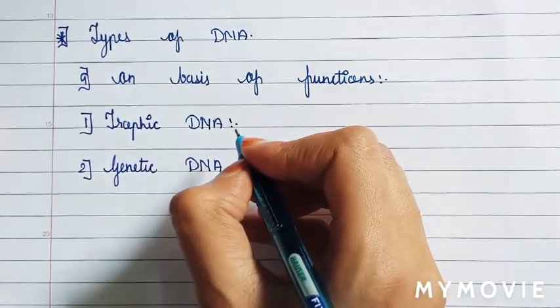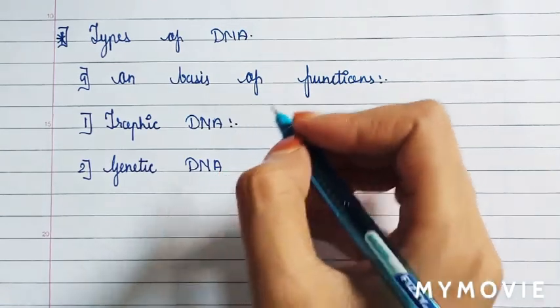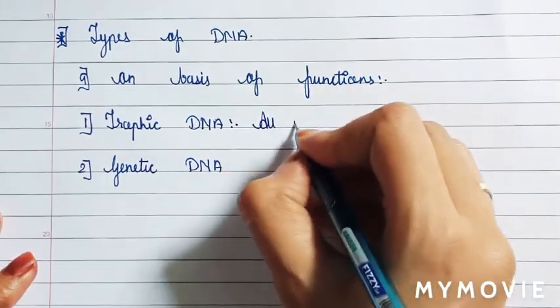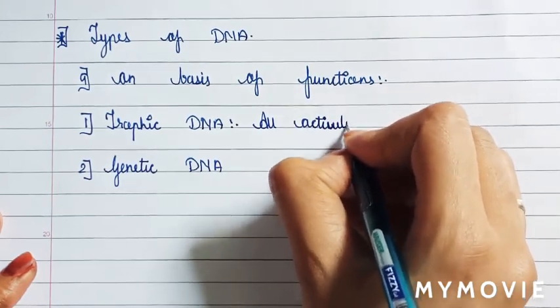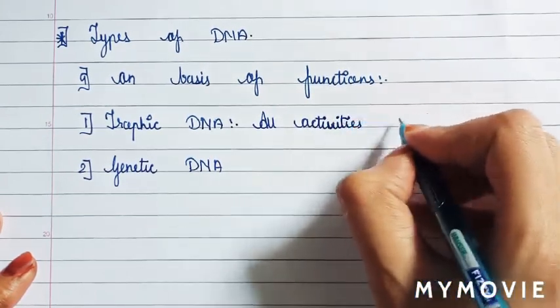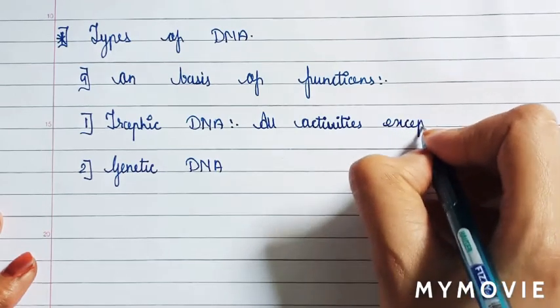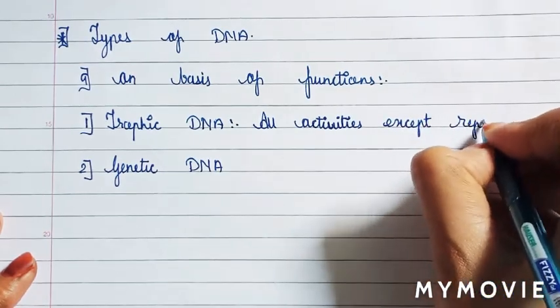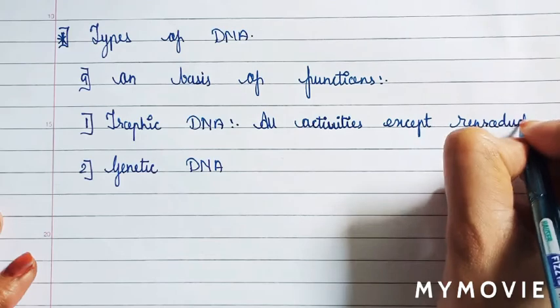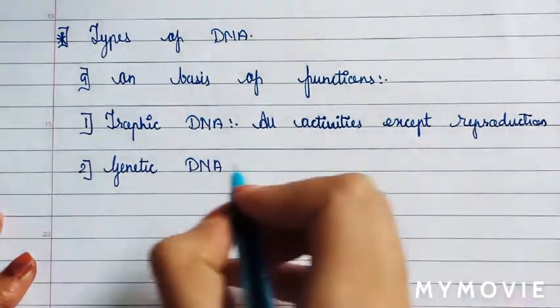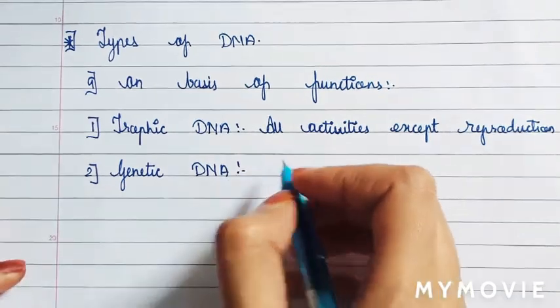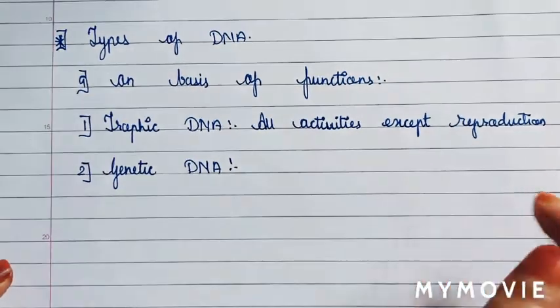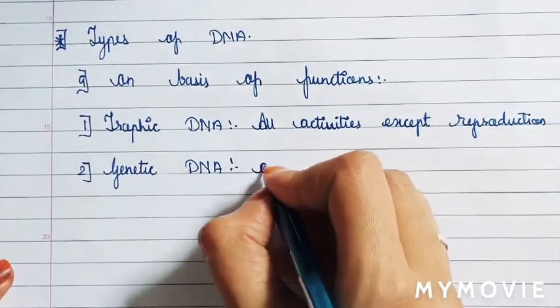This trophic DNA is active for all activities except reproduction, and this genetic DNA is for inheritance, meaning it is active for reproduction.